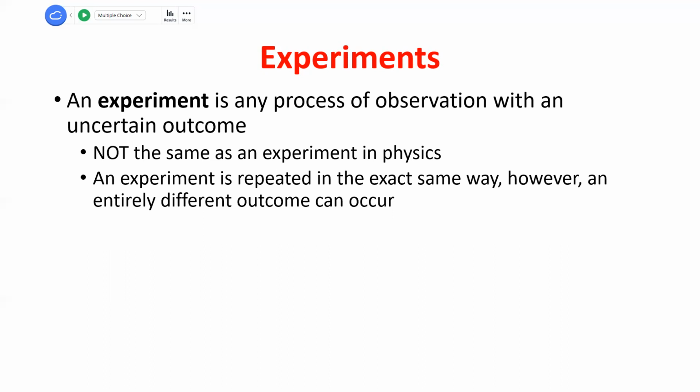And I know that if I flipped it a million times, about what percent would it come up heads, and what percent would it come up tails? I should end up with about 50%, where the probability of getting heads or the probability of getting tails would be about 0.5. But I don't necessarily know that going into it.